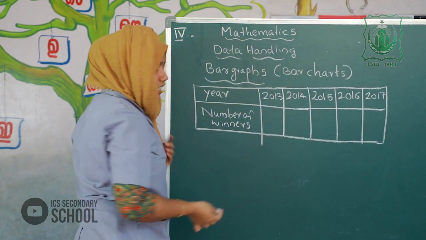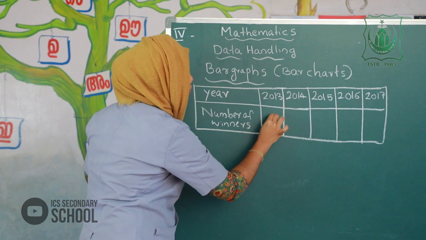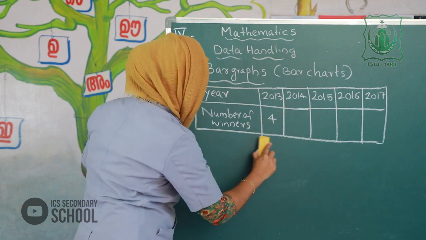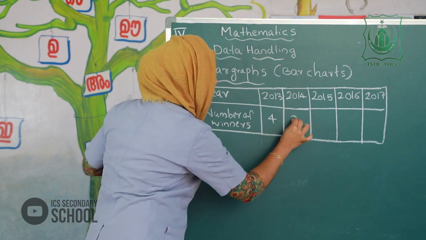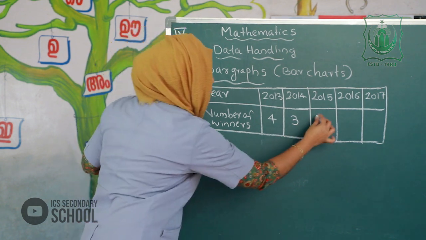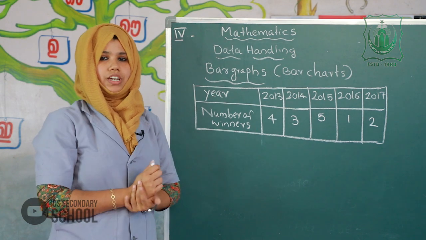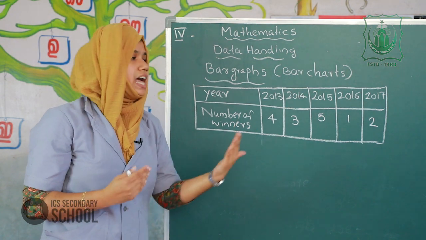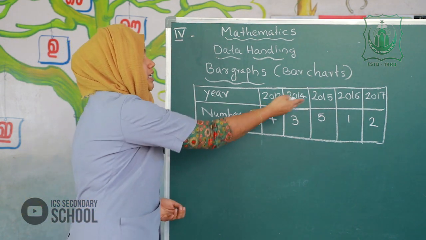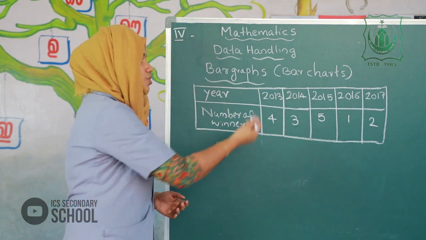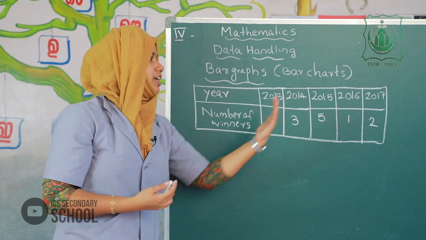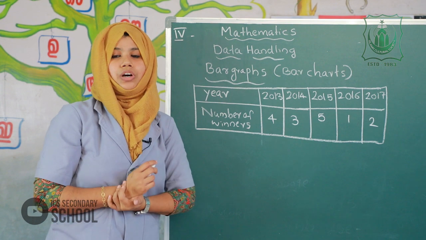And in 2013, how many winners are there? 4. In 2014, 3. Then 5, 1, 2. So, this is the information about the winners in each year, that is 2013, 2014, 15, 16 and 2017.